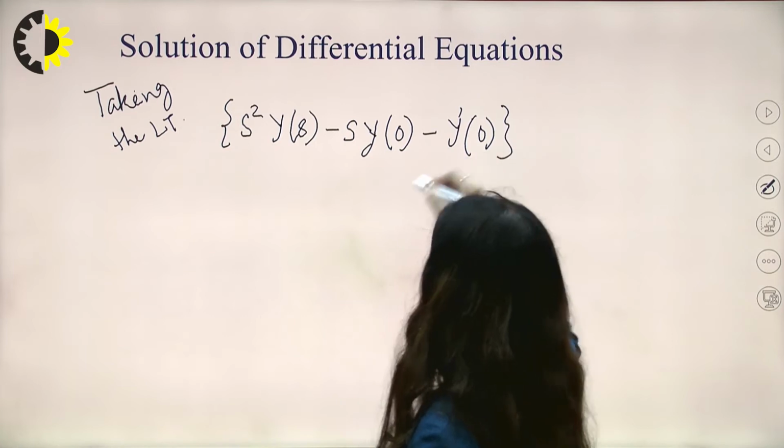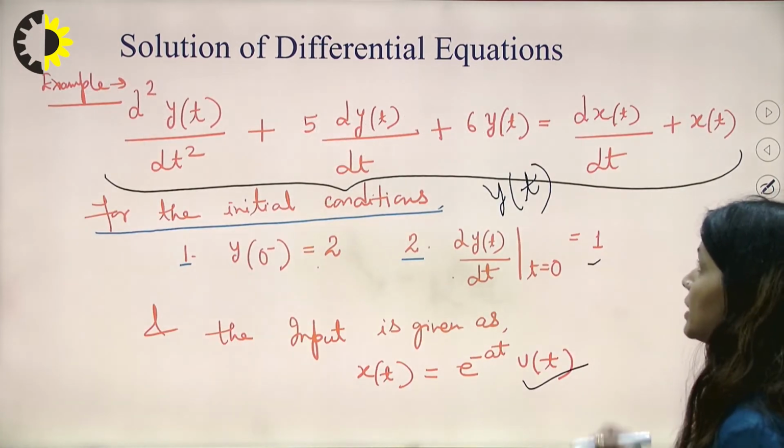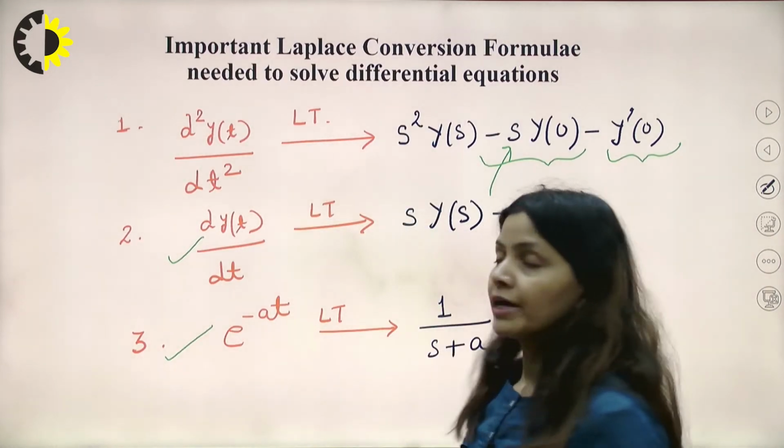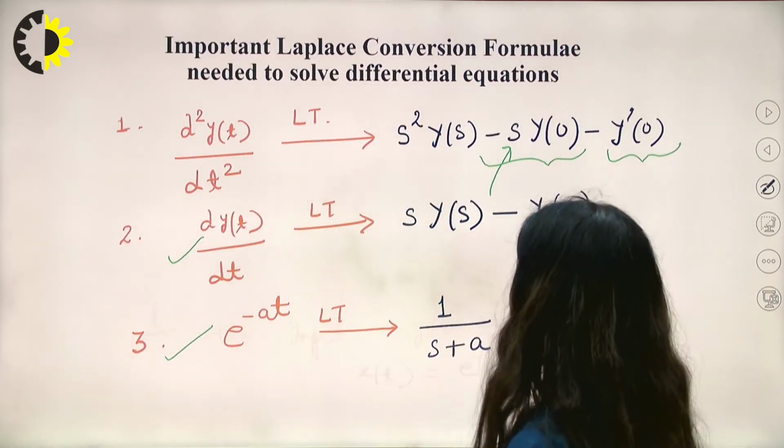We will write here in brackets s square Y(s), minus, see here, s y(0) minus y dash (0). Similarly, plus 5 dy(t) upon dt, we will take the value as s Y(s) minus y(0).